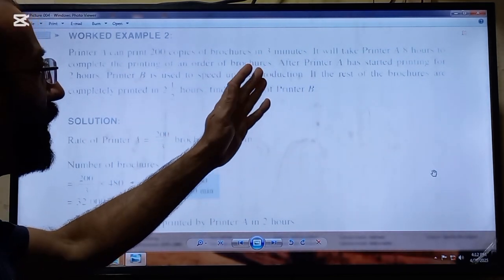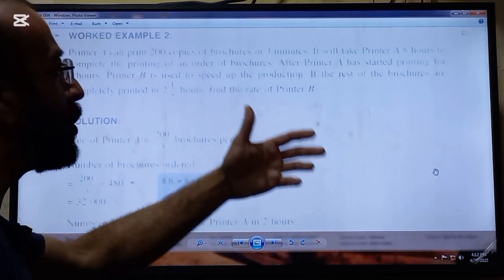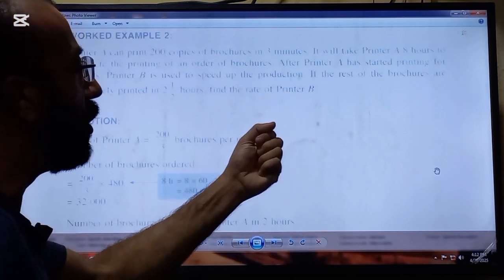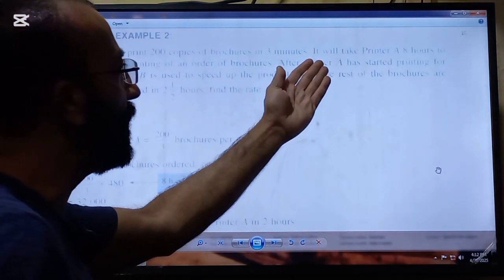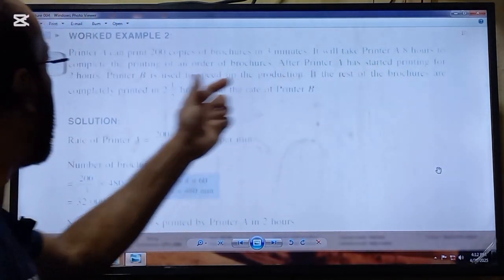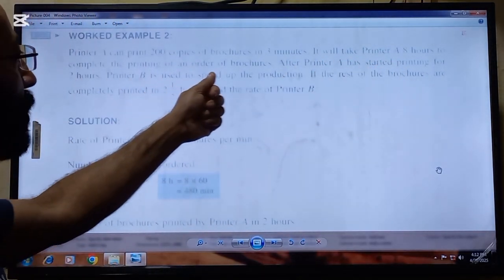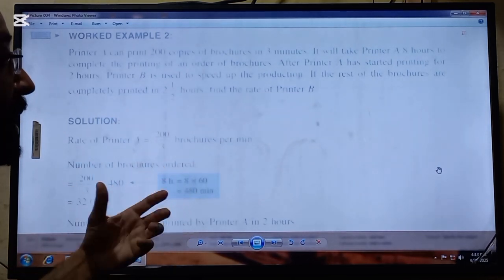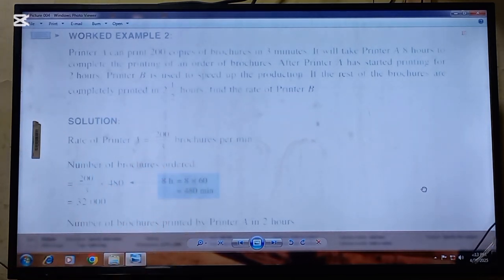So now we will find how many brochures are to be finished. What is the order given? It is given that it will take printer A 8 hours to complete the printing of an order of the brochures. So first we will find the order, how many brochures have to be printed.